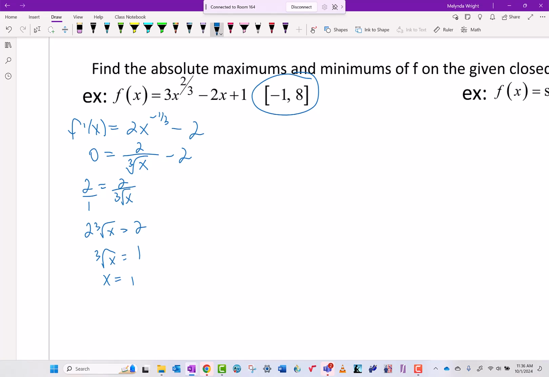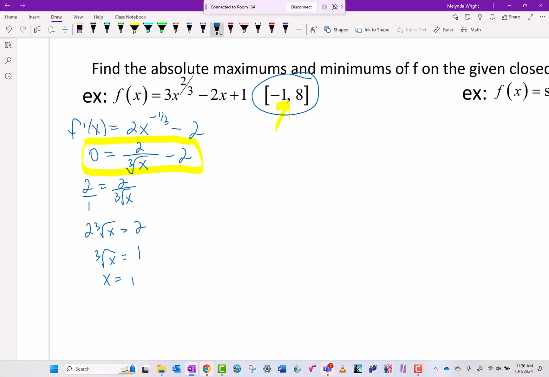Is this derivative undefined for any value of x? Is it? X equals 0. It is, right? What would happen if I put a 0 in there? Wouldn't I get 2 over 0? That's bad, right? Okay. Is 0 in this interval? It is. So yes, that qualifies.